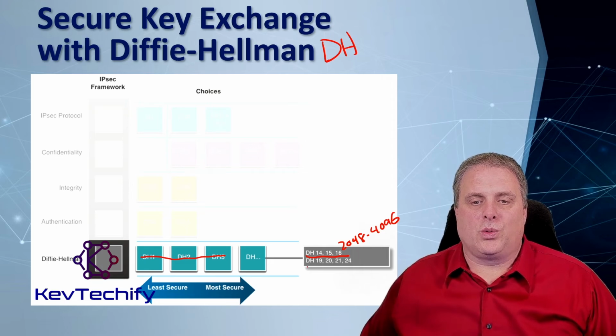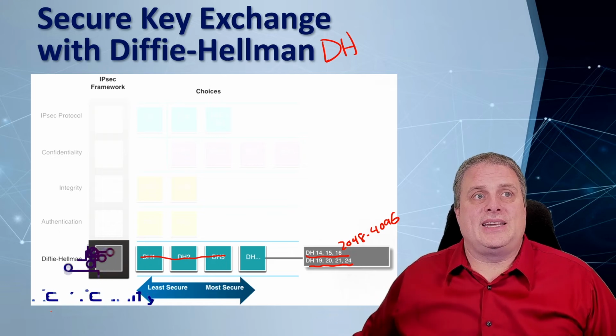Diffie-Hellman groups 19, 20, 21, and 24 have smaller key sizes.